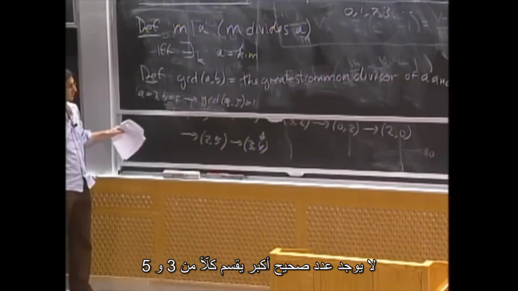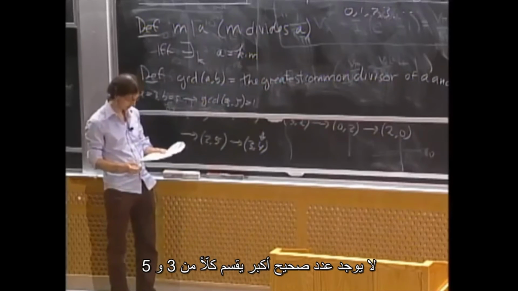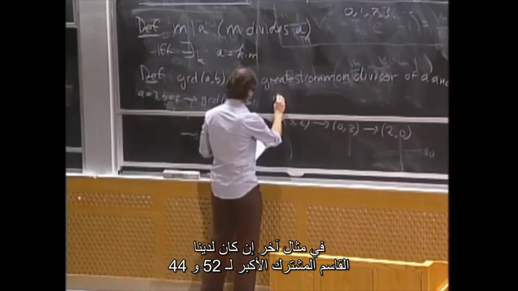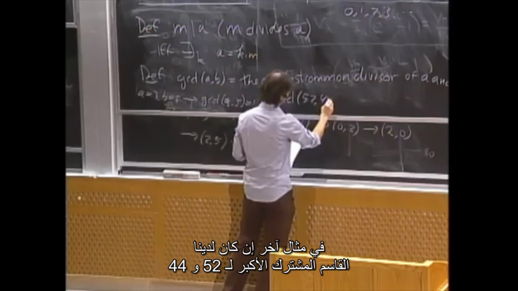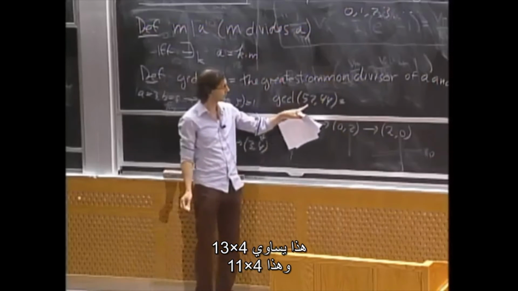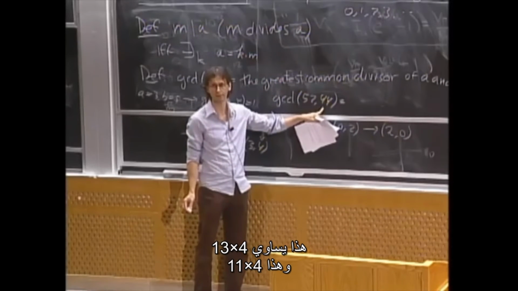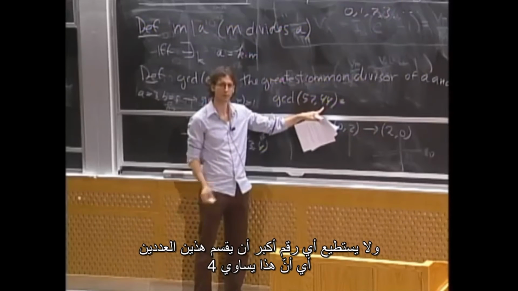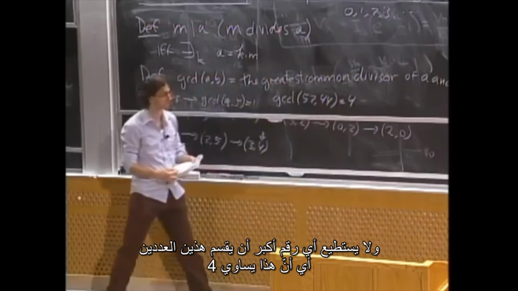There's no other larger integer that divides both 3 and 5. And another example: if we have the GCD of 52 and 44, what's this equal to? Well, this is 4 times 13. This is 4 times 11. So 4 divides both of these, but nothing larger can divide both of those. So this is equal to 4.